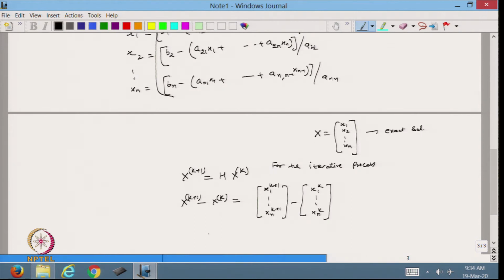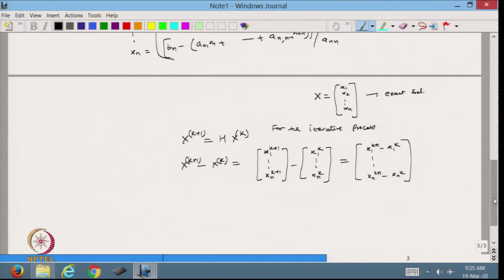So this is the difference between the two vectors. I can write it as x1 k plus 1 minus x1 k, and so on up to xn k plus 1 minus xn k. So I am getting another vector, the component-wise difference between the kth approximation and the k plus 1th approximation.